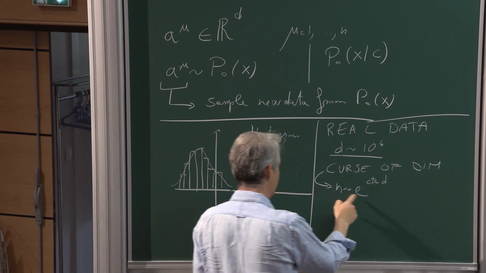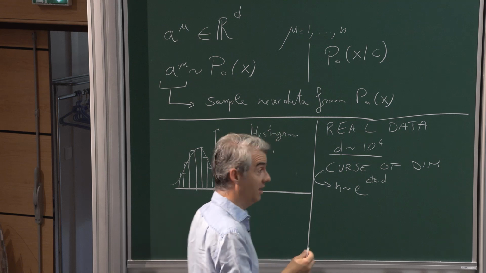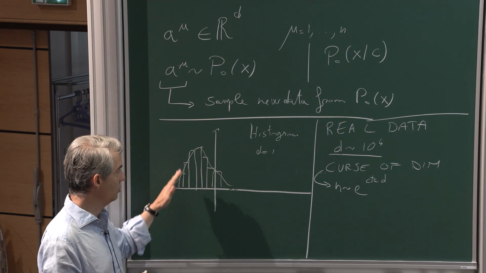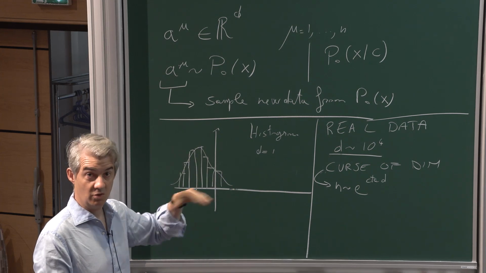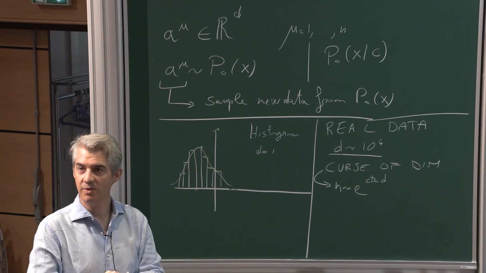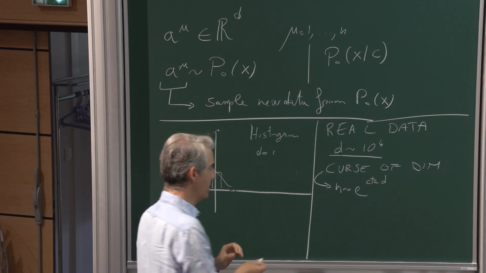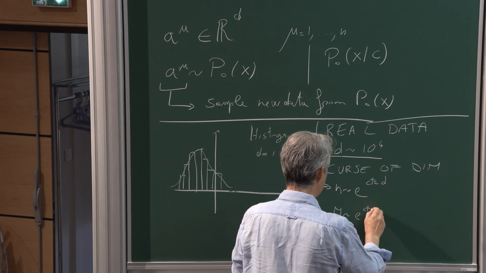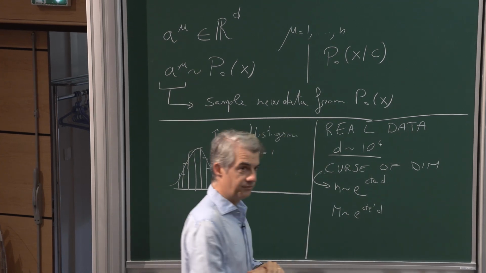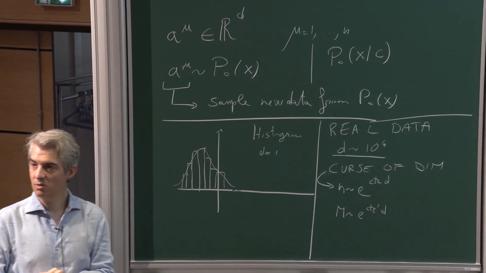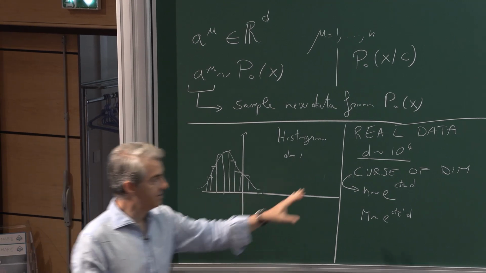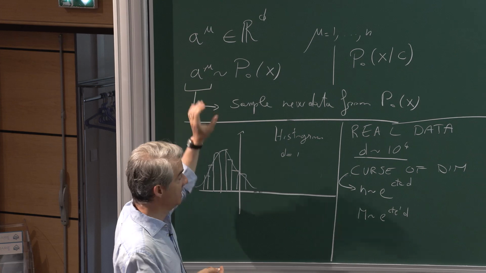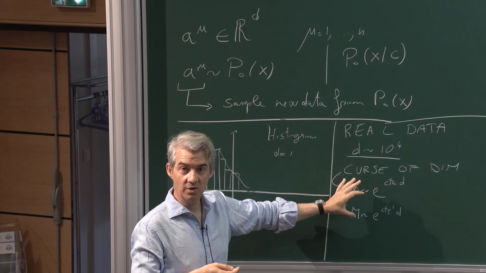You can also ask how many parameters I will need to construct this function, for example in a neural network. The number of parameters, let's call it m, also goes like exponential of another constant times d. So in principle, at least in the worst case scenario, in high dimension, this problem of generating new data, if you have this data a mu, is very difficult.